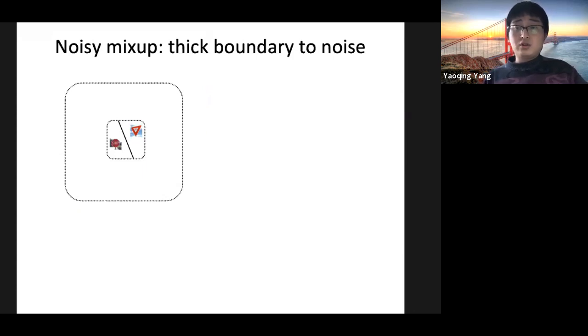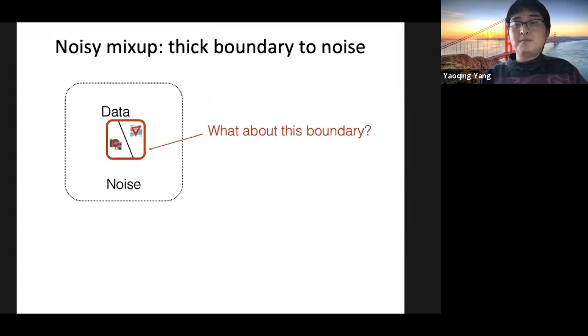We tried a lot to optimize the boundary between these two different classes, but this is just a very small space in the entire input space. So you might ask, what about the boundary between data and noise? What will happen if we try to make the decision boundary between data and noise thicker?